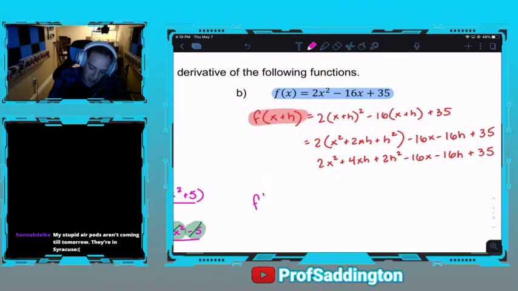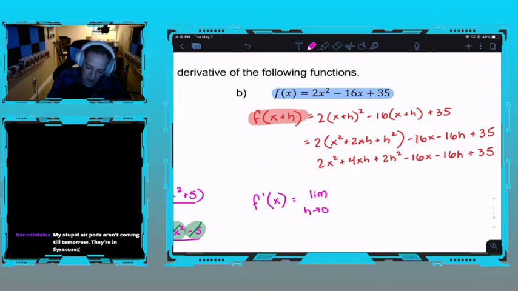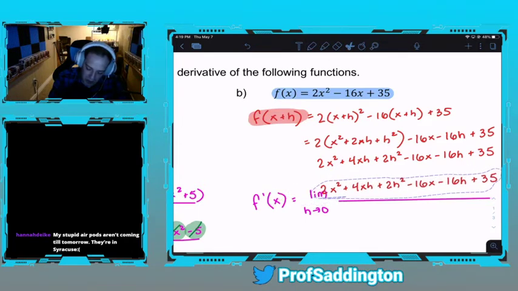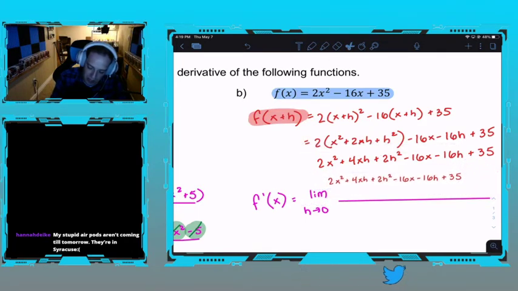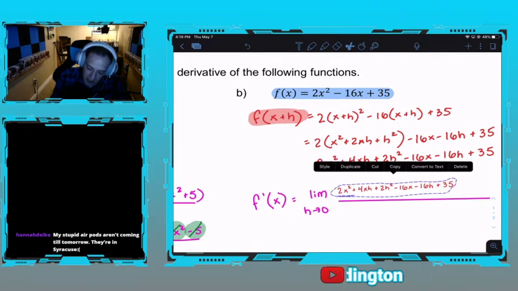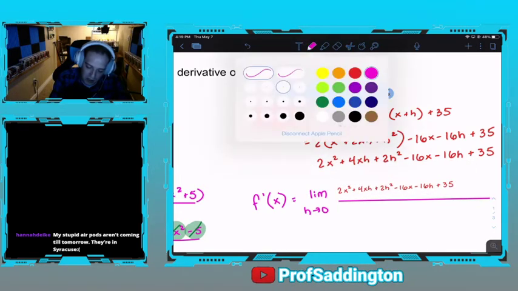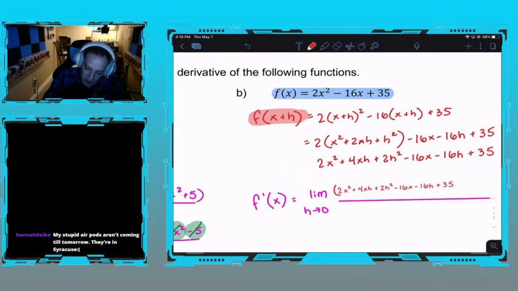So the formula is f prime of x is equal to the limit as h approaches 0. We have this big fraction. The part that I just copied is what's going to come first. So I have to shrink this down so I can fit it on there. So that was the first part.